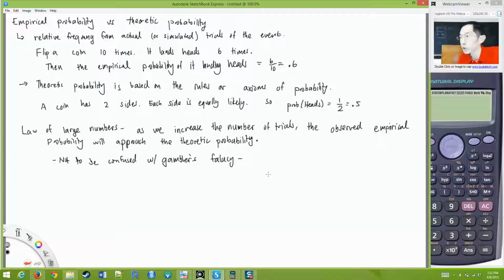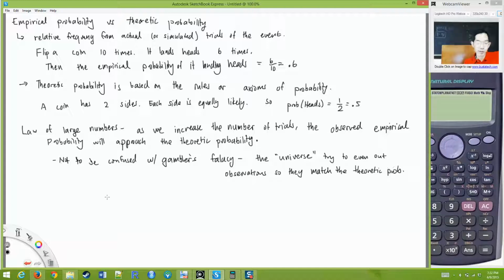Okay, and the gambler's fallacy is that the universe or whatever forces are at play try to even out observations so they match the theoretic probability.